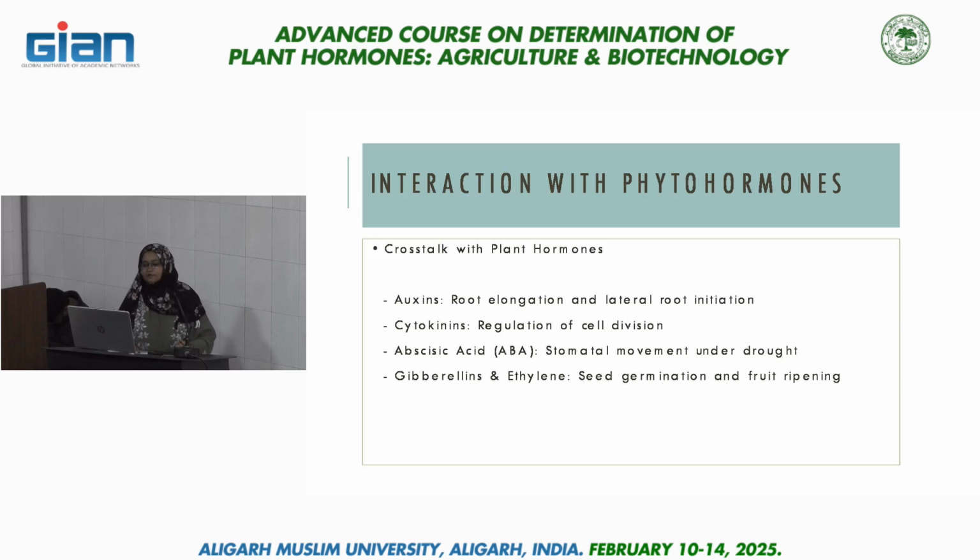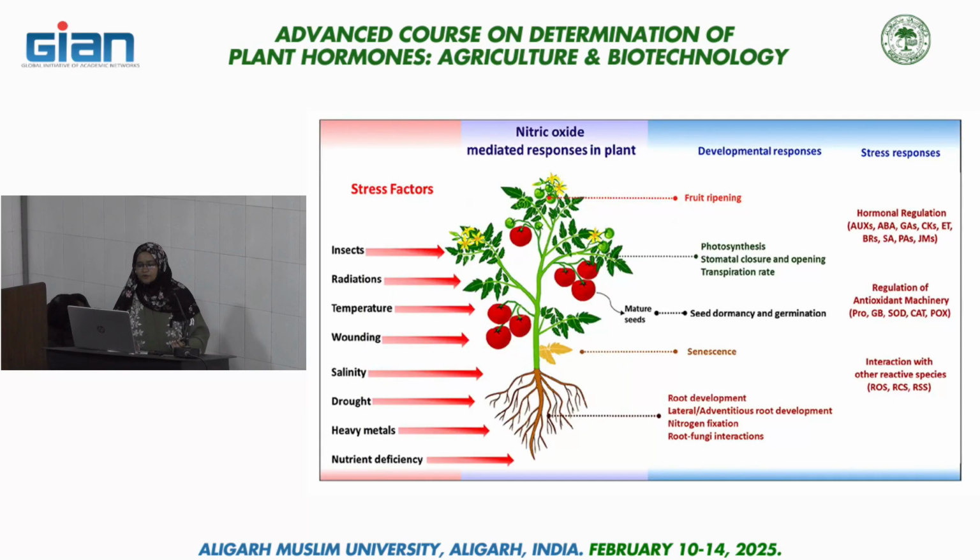If we see NO and auxin crosstalk, NO promotes root growth and lateral root formation by enhancing auxin signaling, and NO modulates the activity of auxin responsive genes such as PIN-formed proteins, which regulate auxin transport, enhancing root hair development in response to auxin signaling. So with auxin, it will enhance the PIN protein that is involved in auxin transport, and that enhances root development.